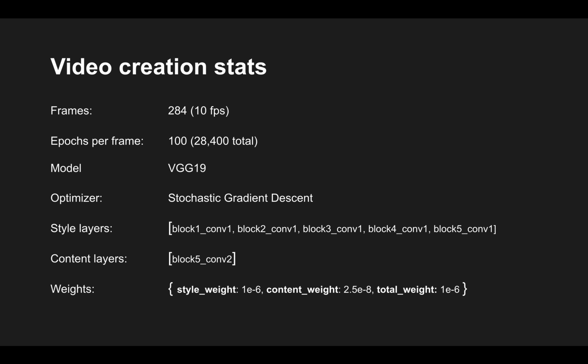So a little bit about the video creation stats. When I decomposed my video, I ended up with 284 images, because I used 10 frames, which is 10 images per second.